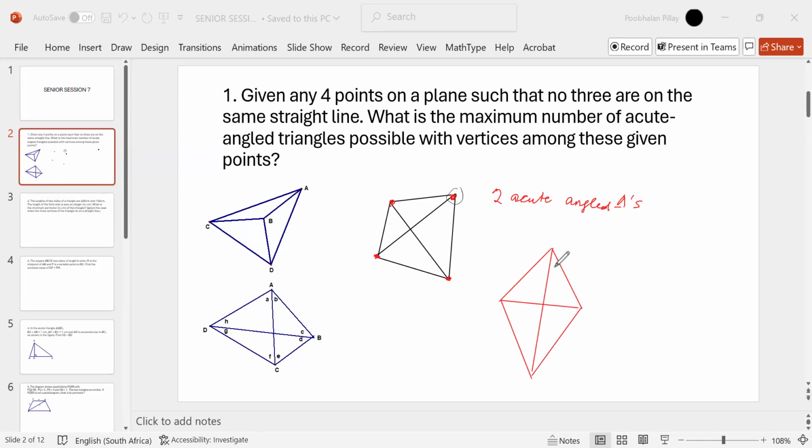I'm not sure what these angles were, but I think if this is 42, I remember taking 42 as one of them. And now in a kite, the diagonals cross each other at right angles.